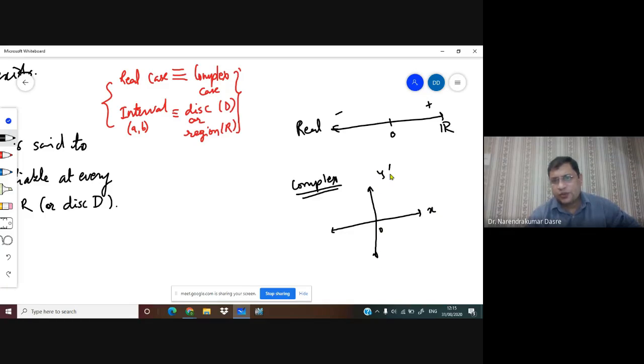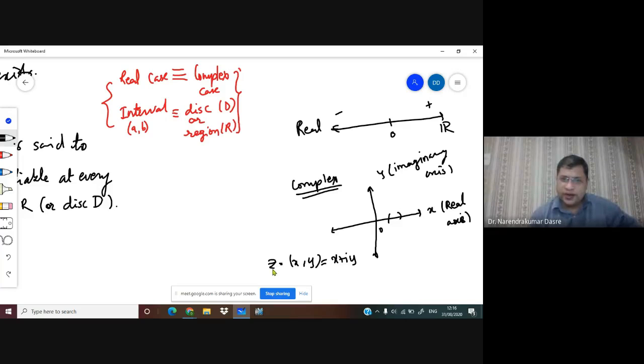This is 0. This is the imaginary axis, and this is the real axis. So how can I have one interval only here? When I say z, I will be having x and y, or precisely this is x plus iy.